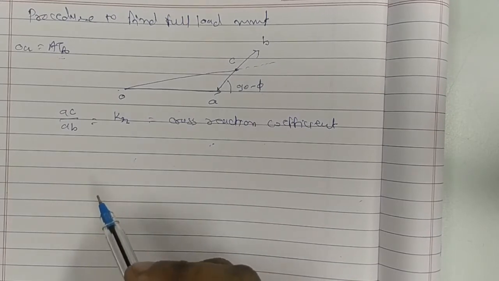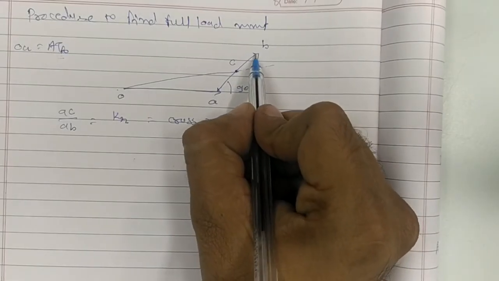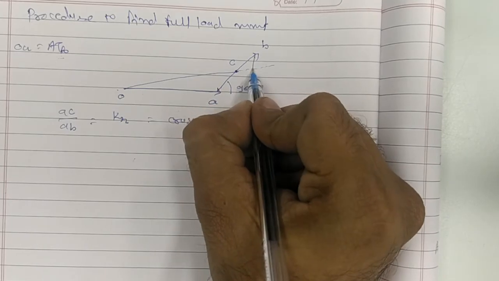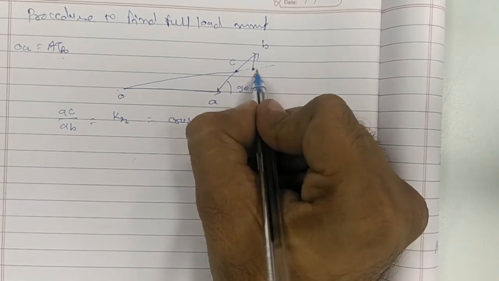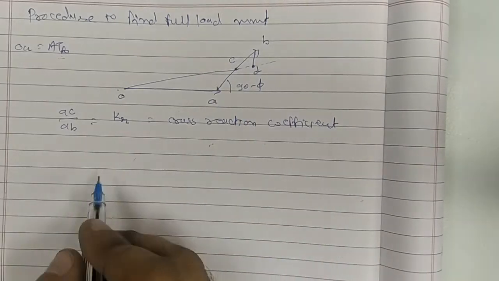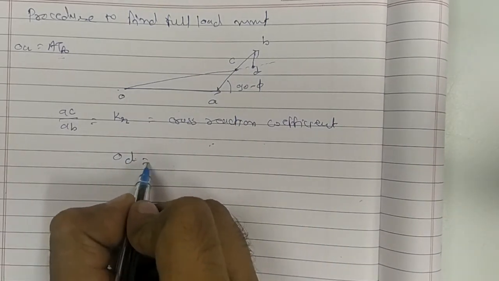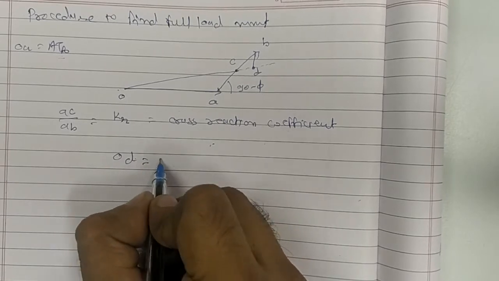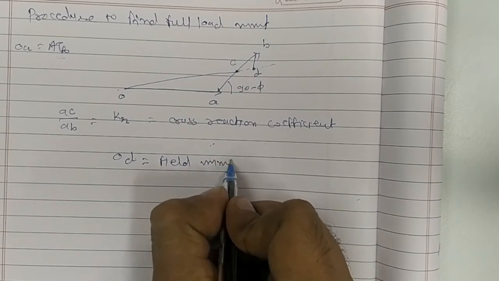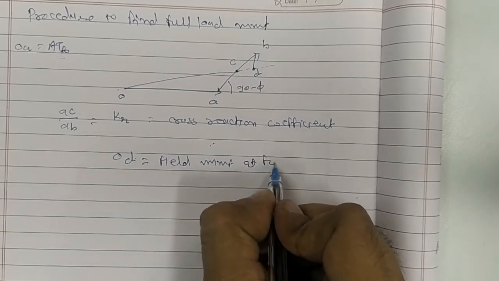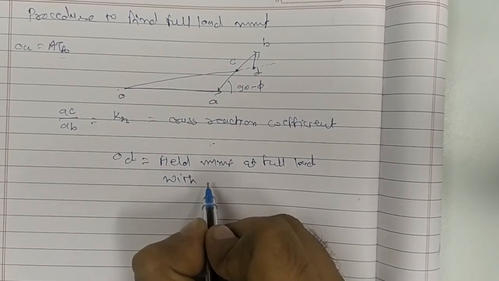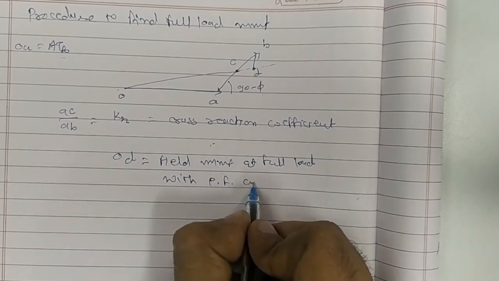Now you have to drop one perpendicular from B to this line, and over here you will have a point D, where OD is called the field MMF at full load with power factor cos phi.